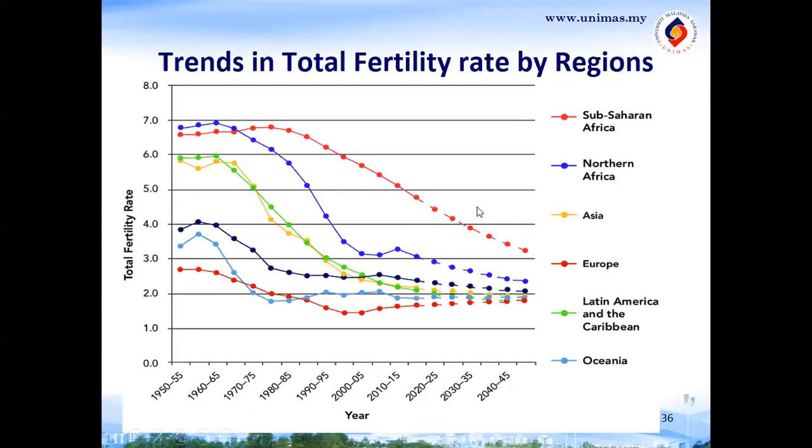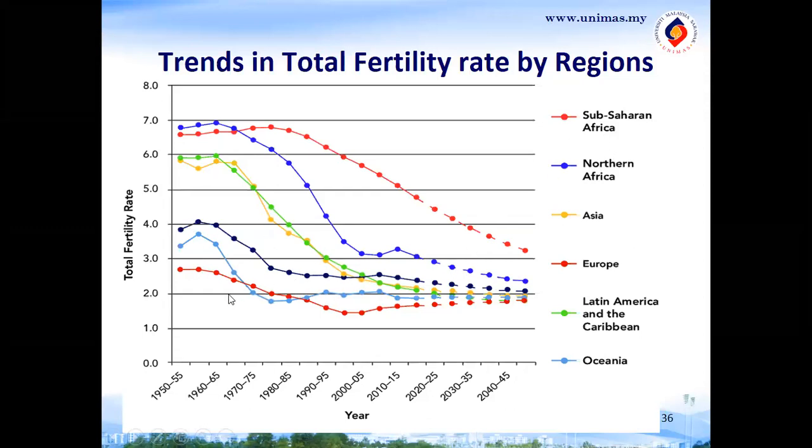Okay. So the one in red here on the top is sub-Saharan Africa, and this is where the total fertility rate, the rate of birth per woman, is still very, very high, right? And then followed by Northern Africa, still high but much lower than sub-Saharan Africa.